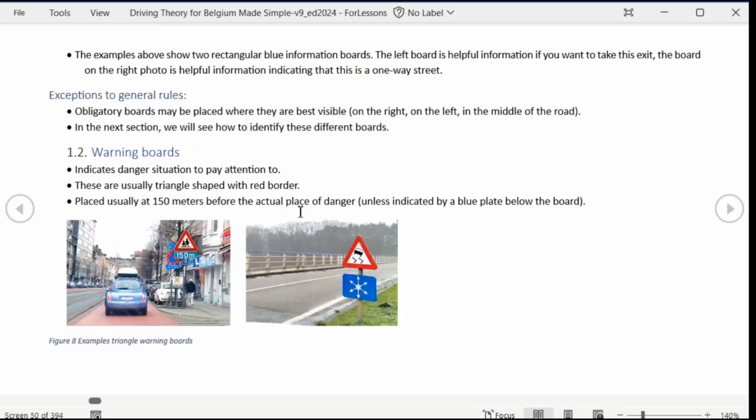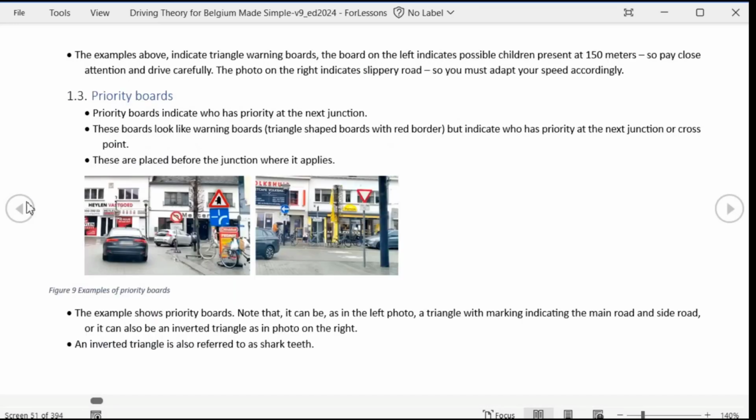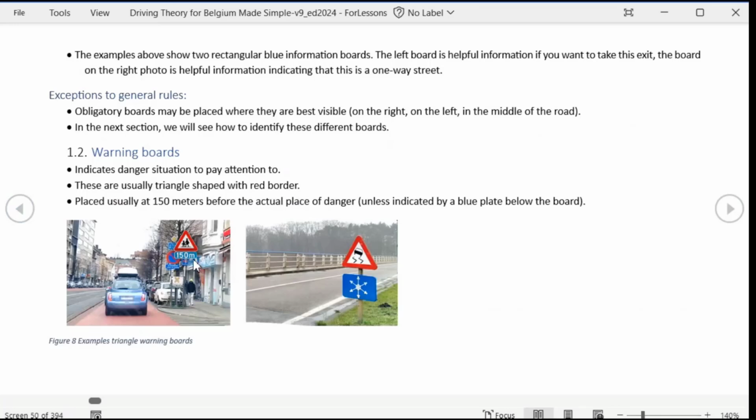Okay. So the image on the left gives a warning board which indicates that there might be children crossing the road. And below that, it says 150 meter ahead. So it's a blue plate, which gives more information on this warning board.